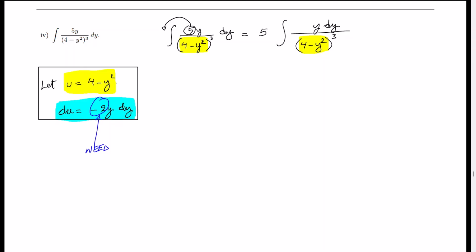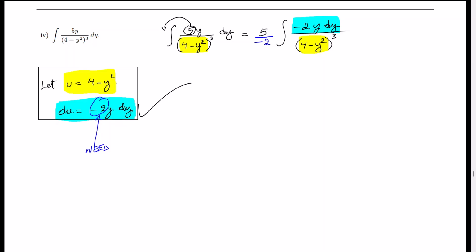So here's what we do to fix it. We just put the -2 that we want on the numerator. And how do we balance it out? How do we keep everything fine? We put the same number on the denominator outside. And this is how we balance everything out. So the 5 comes outside, and then we introduce the -2 and the -2, one on the numerator, one on the denominator. So technically they're balancing each other out. And the purpose of doing all this is now the numerator quantities are exactly what I want in my problem. They are the du that I'm searching for.